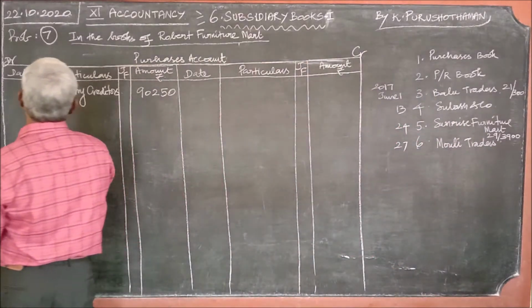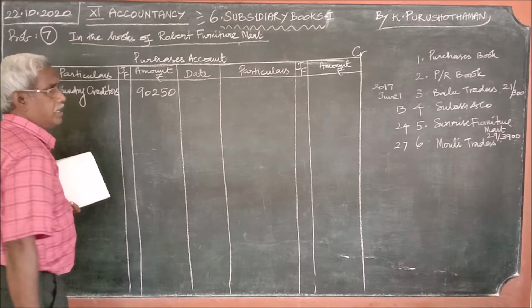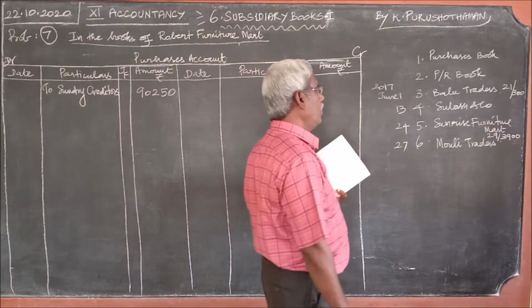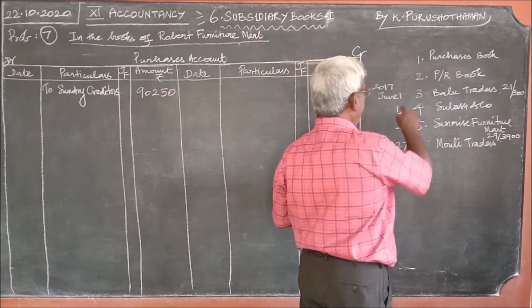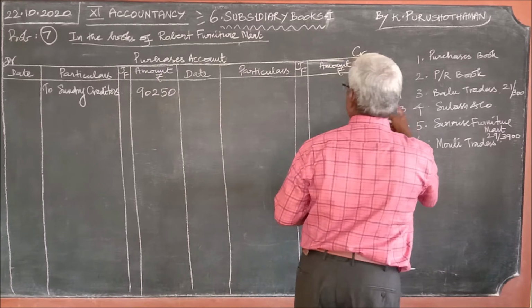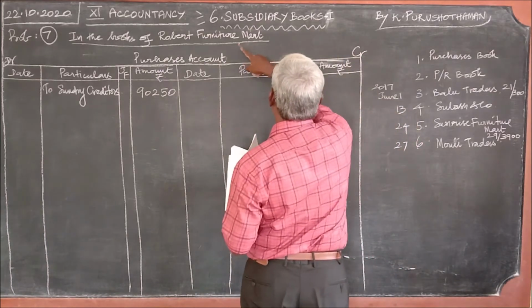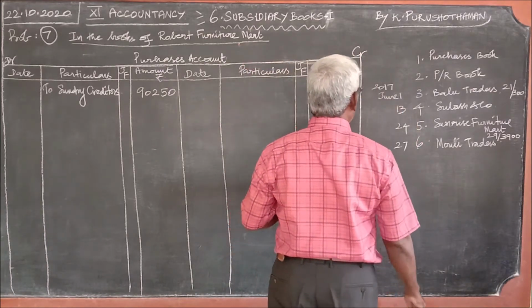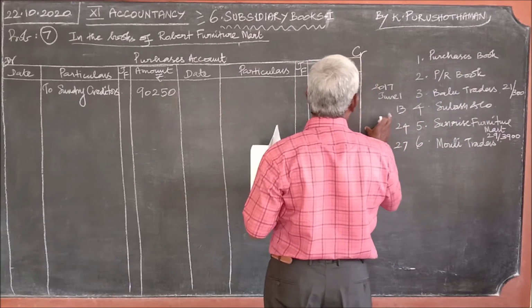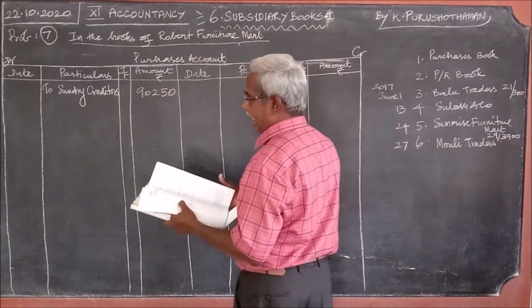So, my question here is, from the four traders, on different dates, the goods were purchased. That is, the furniture were purchased. But when you combine all these four traders, what date should you write there?